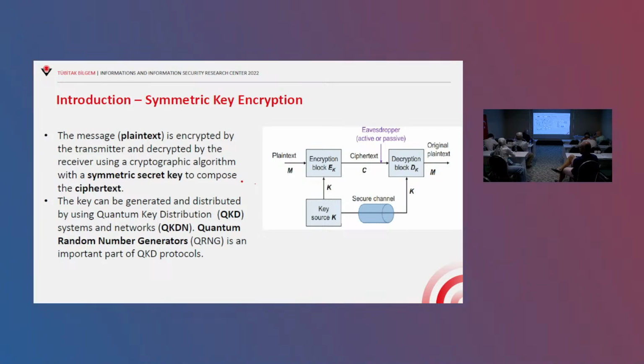Because the key is the most important component of symmetric key encryption. Once the eavesdropper, or what we call Eve, has access to the key, then she can easily decrypt the message. So this is the general scheme.